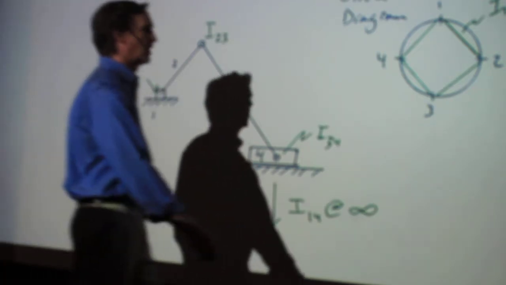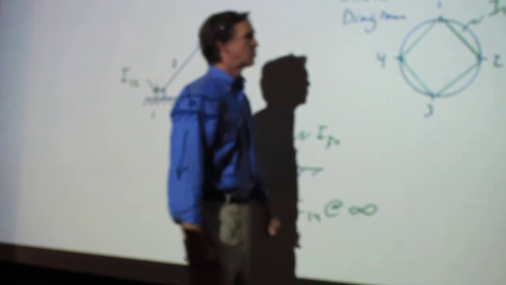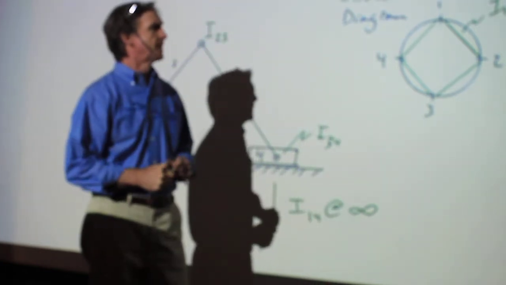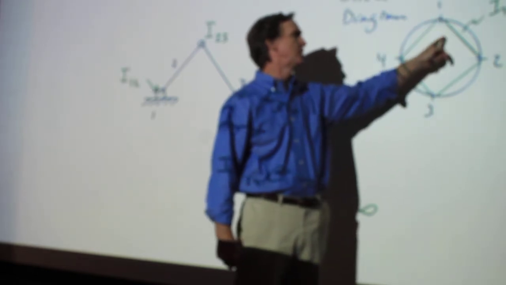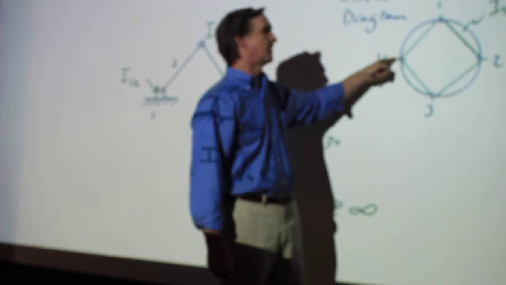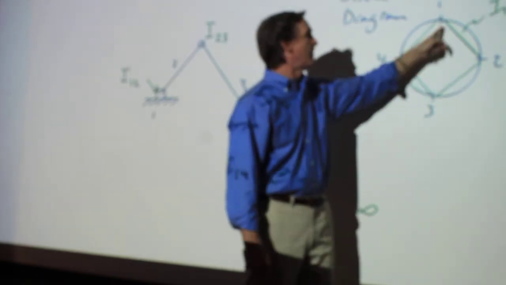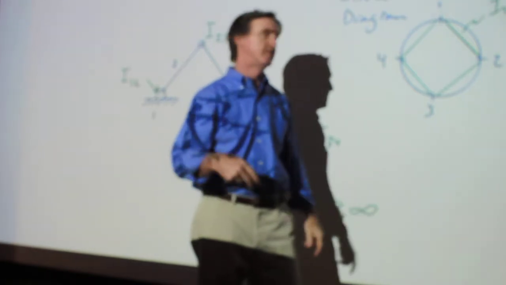And so the trick here, using this circle diagram, is you look at the circle diagram and you look for a quadrilateral. So in this case, I see a quadrilateral right here. And in the quadrilateral, what you do is you bisect it. This quadrilateral has two diagonals, and that will help you identify the missing instant centers.